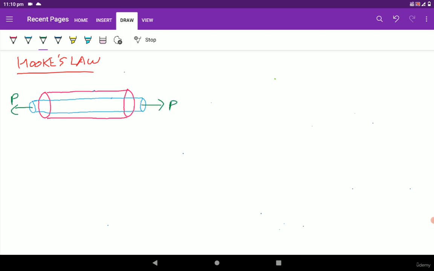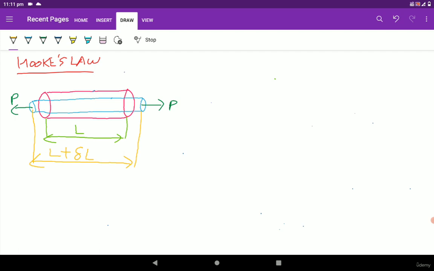So we can observe that, firstly, at the initial configuration, the initial length we can take as L, and for the final configuration, that is when it is subjected to the load, the length changes to L plus del L. So we can plot a graph which looks something like this.